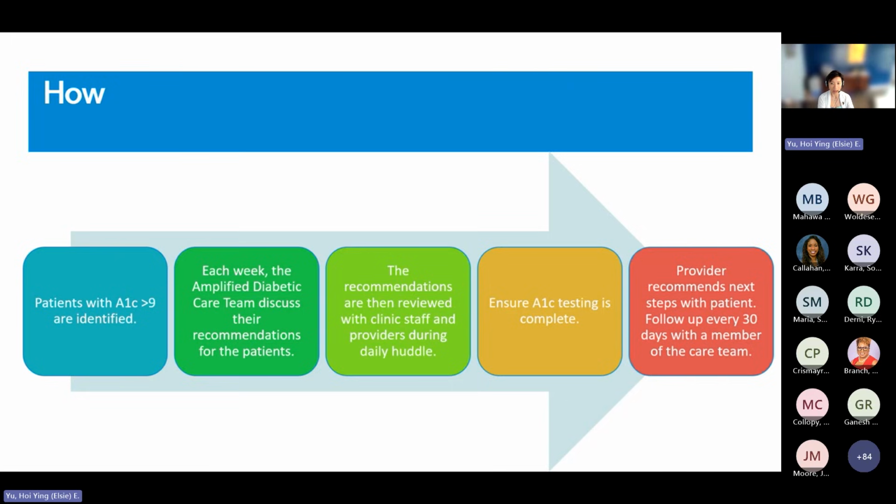And I think this daily huddle is important because that also helps the clinic providers make sure that the A1C testing is done. And with that, the provider was able to provide recommendations and next steps to the patient. In addition, these patients are being followed up every 30 days by a member of the care team.